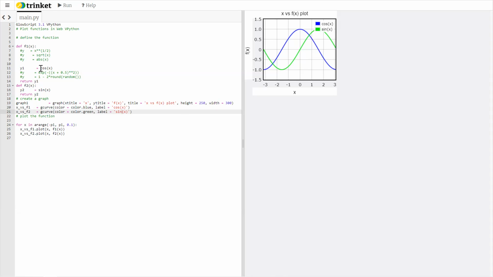We can also use built-in functions to make other functions like secant and cosecant. Secant is 1 over cosine, and cosecant is 1 over sine, and then you just change the label for f1 to be secant x, and f2 to be cosecant x.